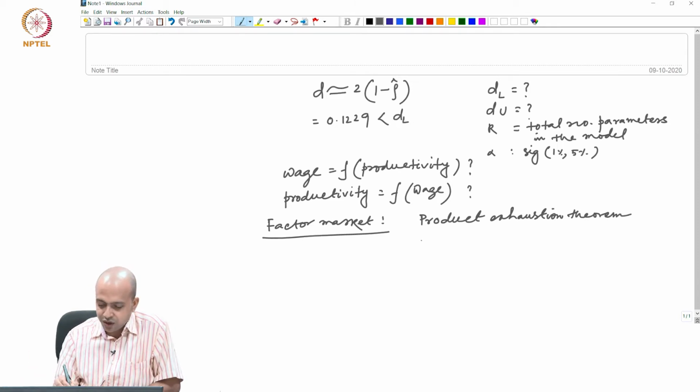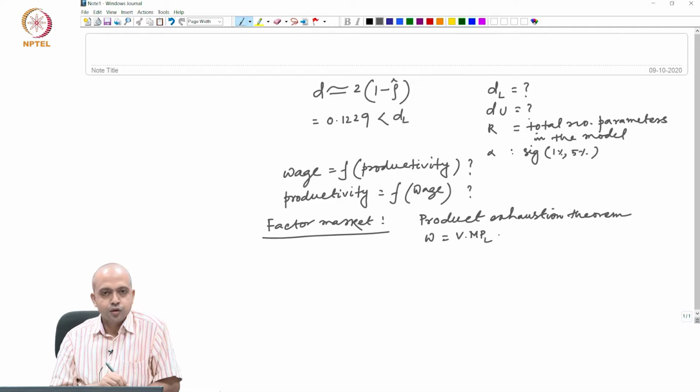So, that means laborers are paid W equals VMPL, the value of marginal product of labor, which is nothing but P into MPL.